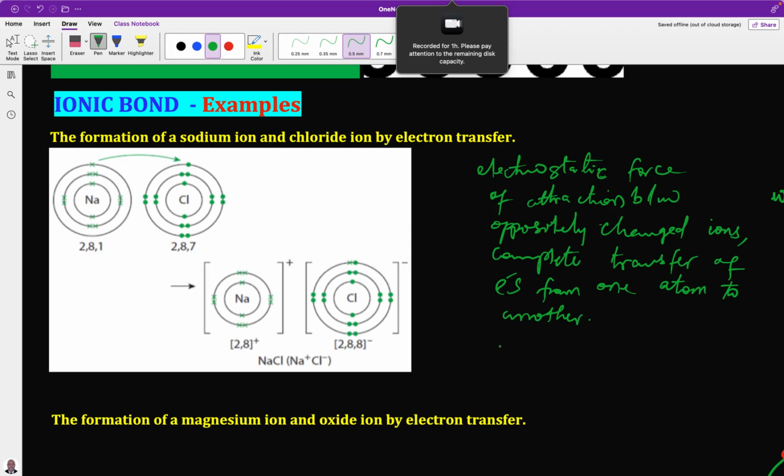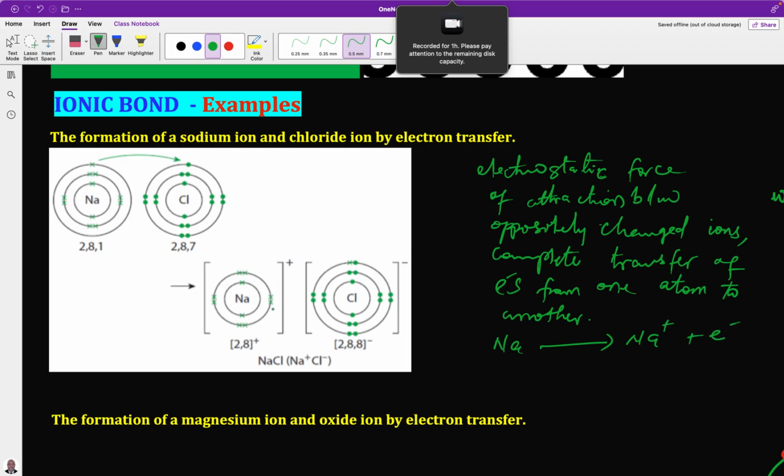Now, the atom that usually transfers the electron, or gives the electron, is the metal, and the one that accepts the electron is a non-metal. So in an ionic bond, the metal loses the electron, and when it loses the electron, it becomes a cation. For example, sodium will lose an electron to become a sodium ion.